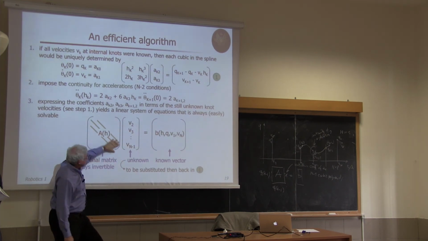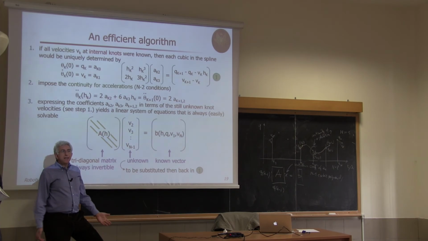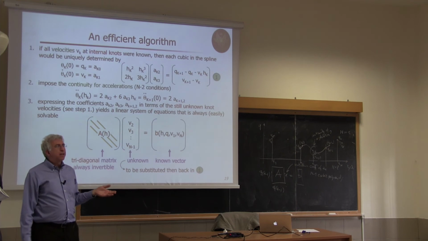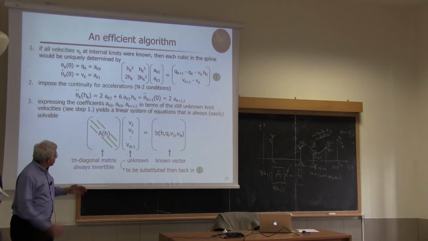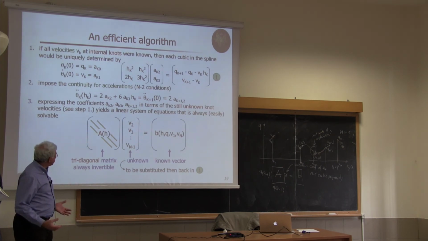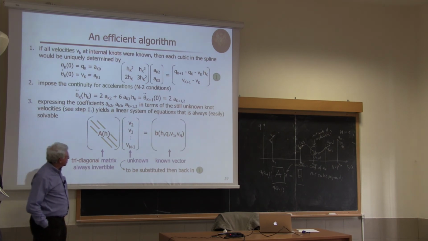And the matrix of coefficients has a three-diagonal structure. And not only that, with diagonal dominance, which means that they can be inverted very easily with very little rounding errors, no matter how big this matrix is. This is the convenient part. Okay? So this is three-diagonal, always invertible, and always well-conditioned.